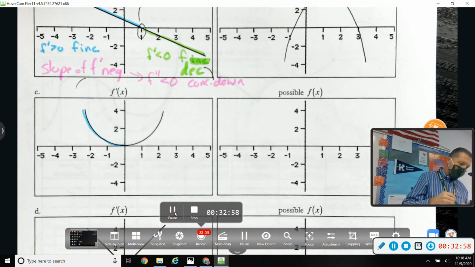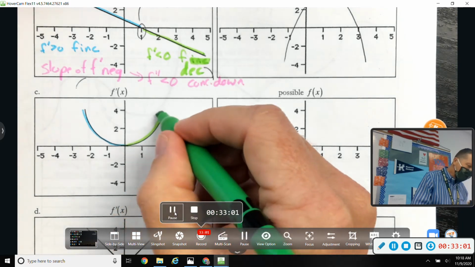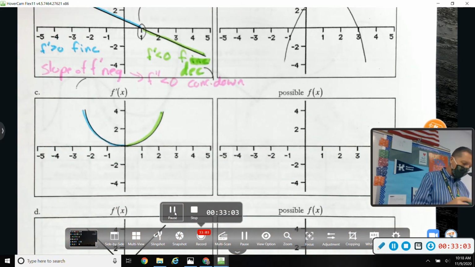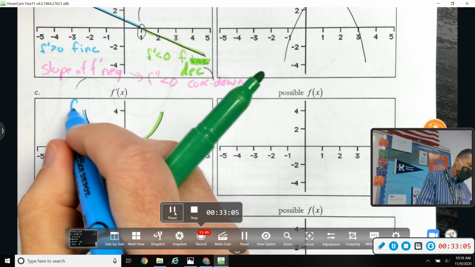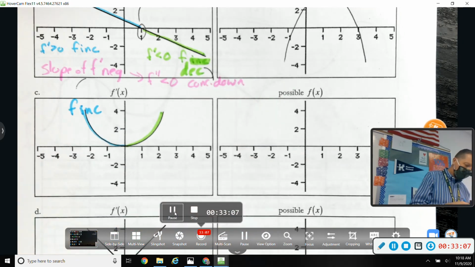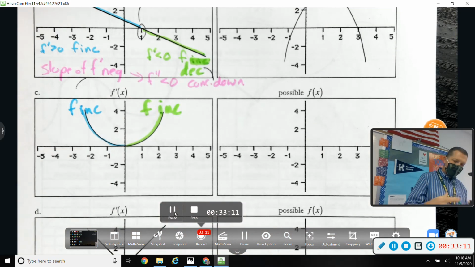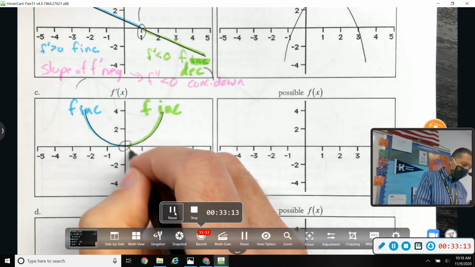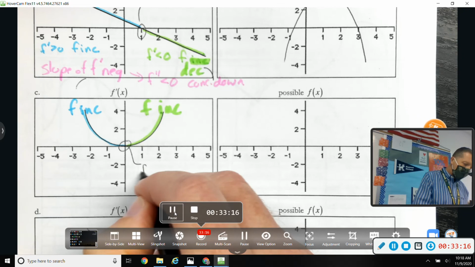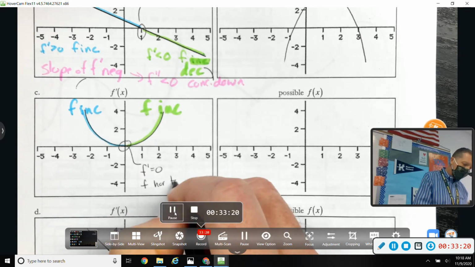Part C, f prime is always positive, so we're always increasing. Or f is always increasing. But at 0, f prime equals 0, so f has a horizontal tangent line.